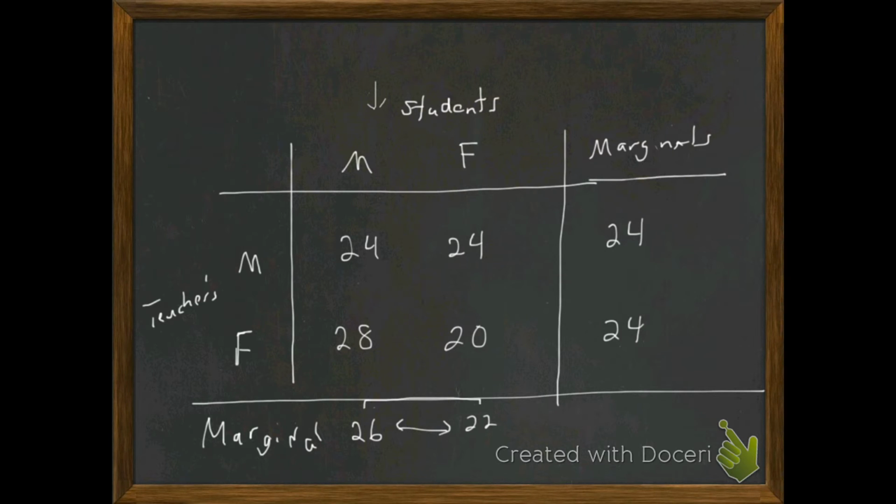So guys, more than a 2-point difference. So we have statistical significance across the gender of the student, but clearly we don't have statistical significance across the gender of the teacher.